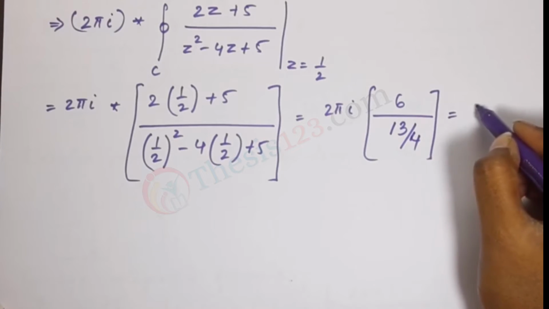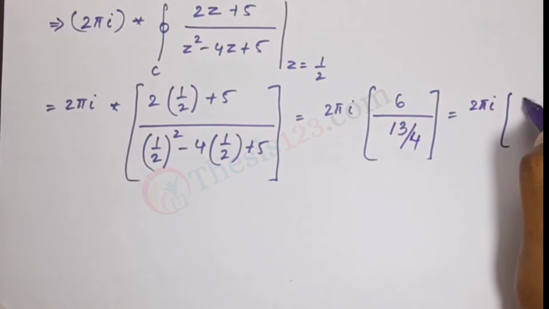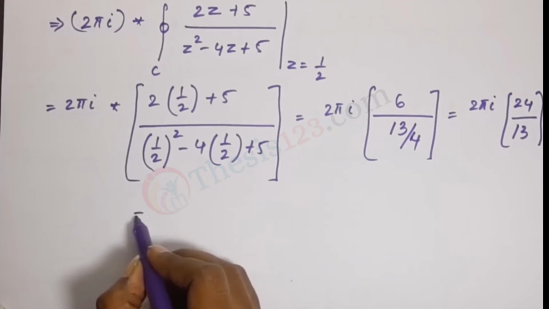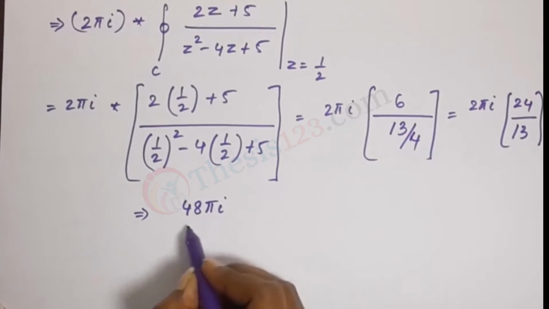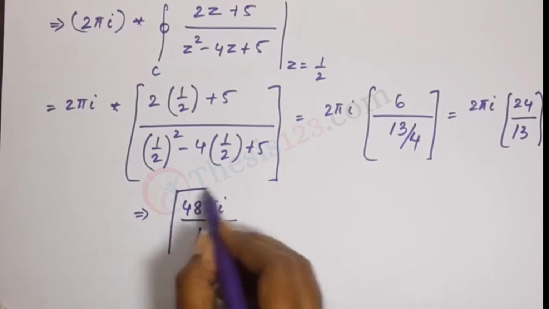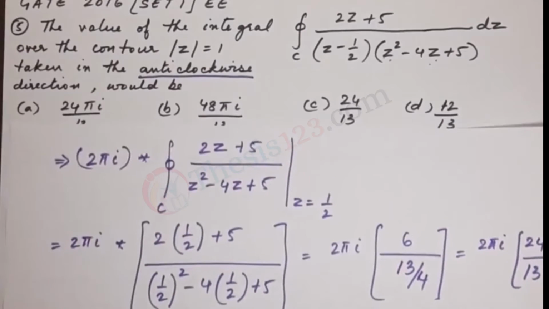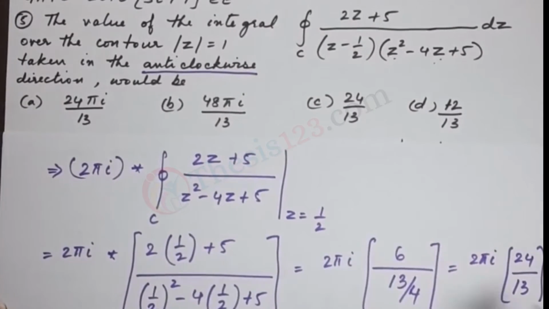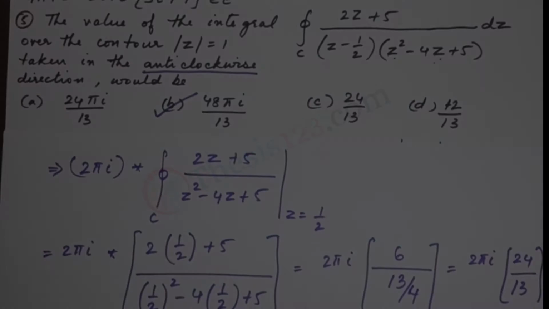Okay, so you solve that further to get 2 pi i times 24 by 13. And finally, we get 48 pi i by 13. So this is the value of the closed integral, and this option matches part B. That is the final answer.